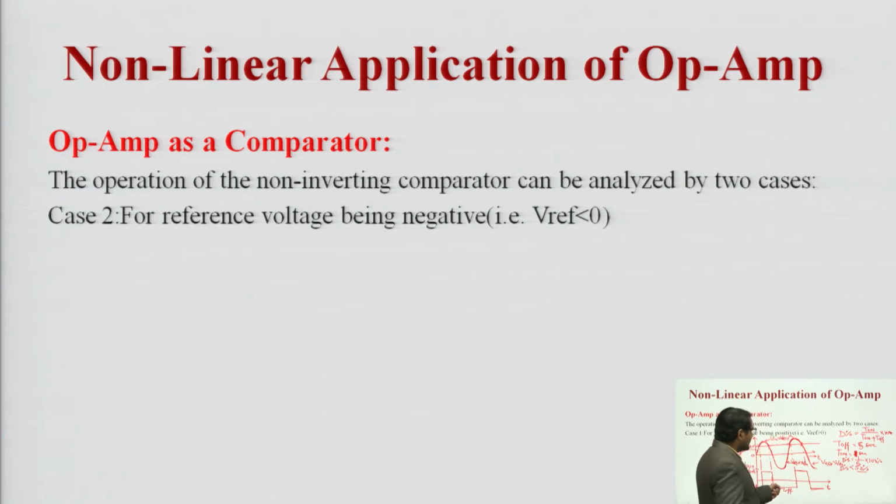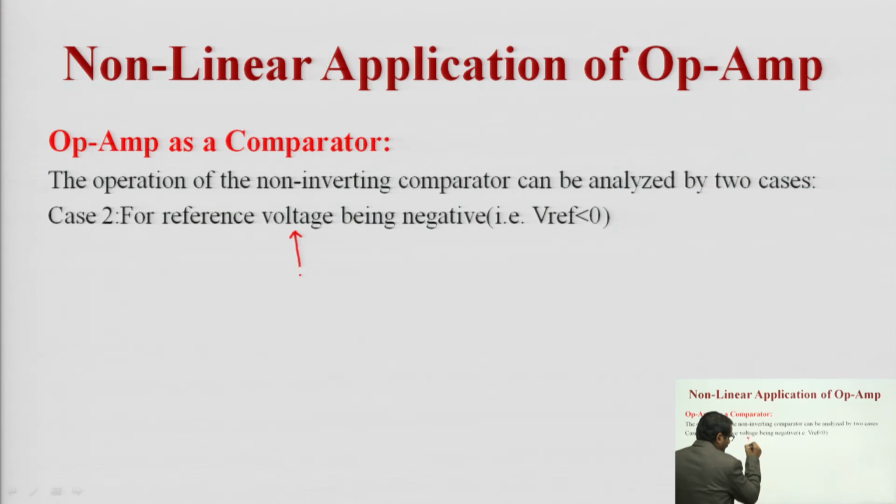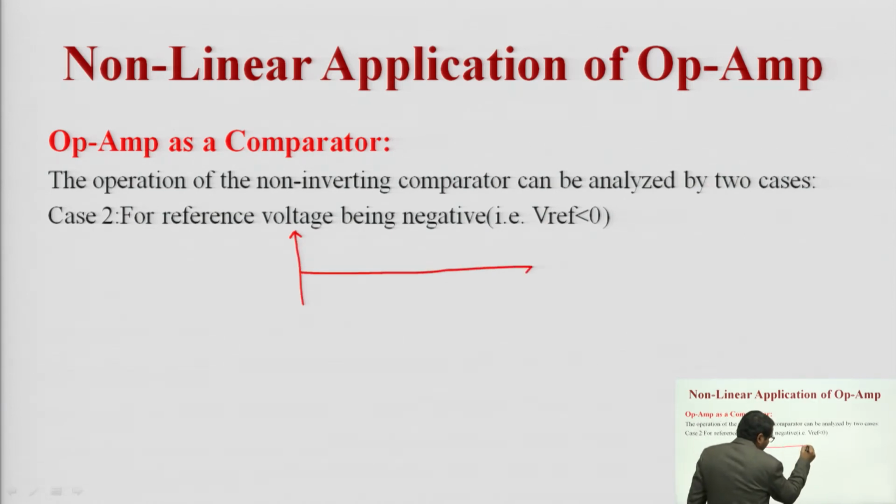Now, we consider the second case where the V reference is negative. We take the V in as a time varying signal.